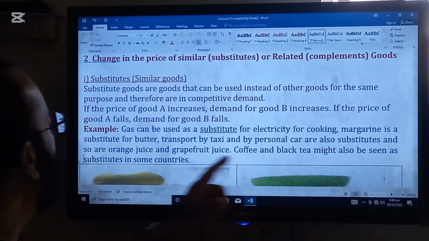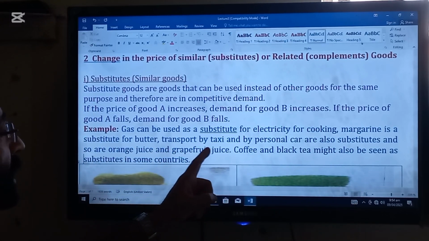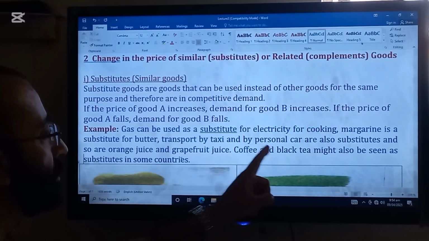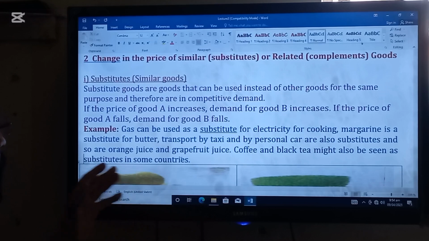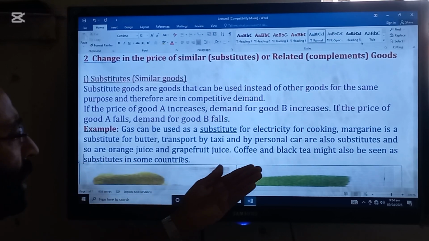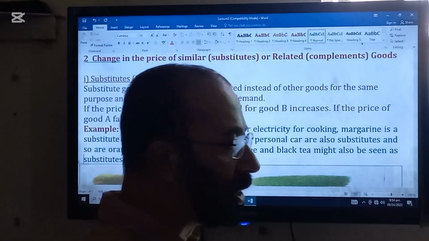Likewise, margarine and butter are substitutes of each other. Likewise, taxi and personal cars are substitutes for each other. And so are orange juice and grapefruit juice, and coffee and black tea.